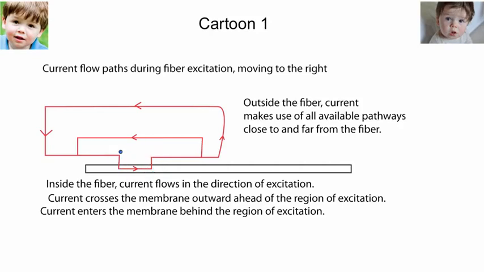So with that source and sink, let's see what happens. Current comes out. It makes use of all available pathways to go between the source and sink. So some just comes directly over. But other current makes a longer loop, like that. And still other current makes a very long loop, out here on this big loop.